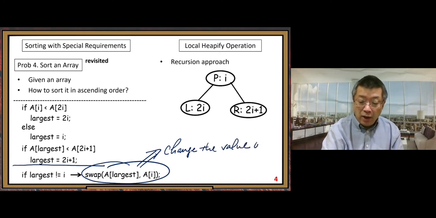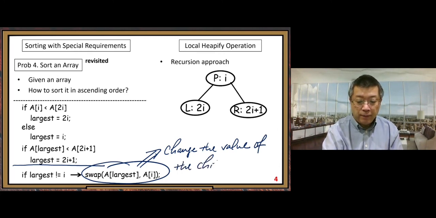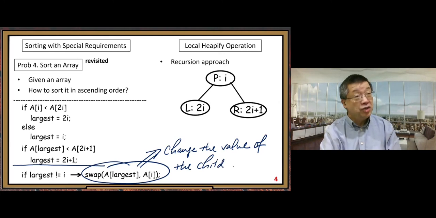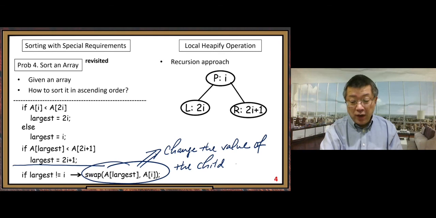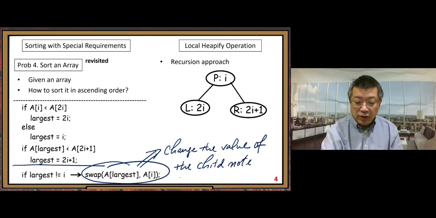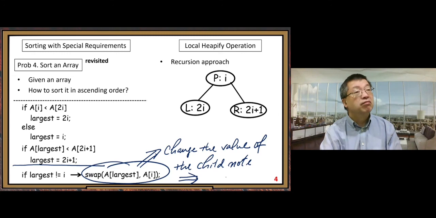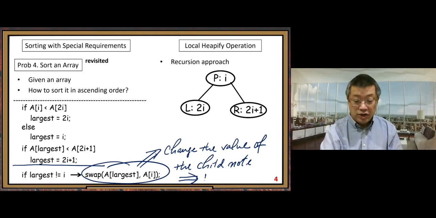The value of the child node. Although we also change the value of the parent node, here we want to look at the child node, because this will tell us the next step, right?